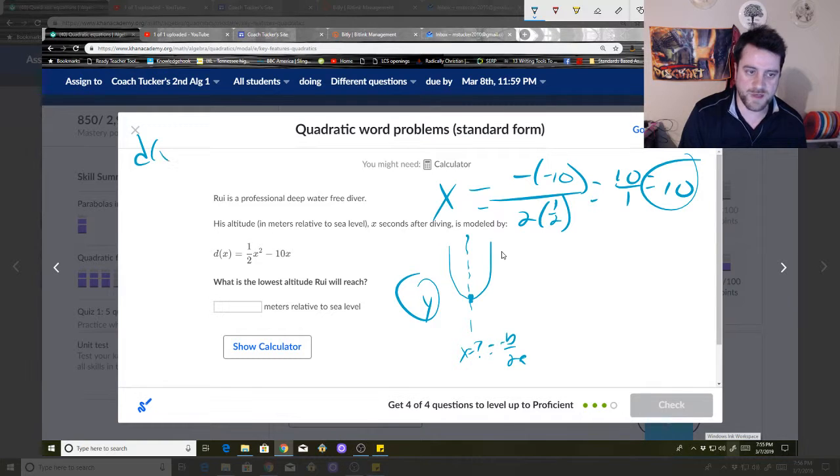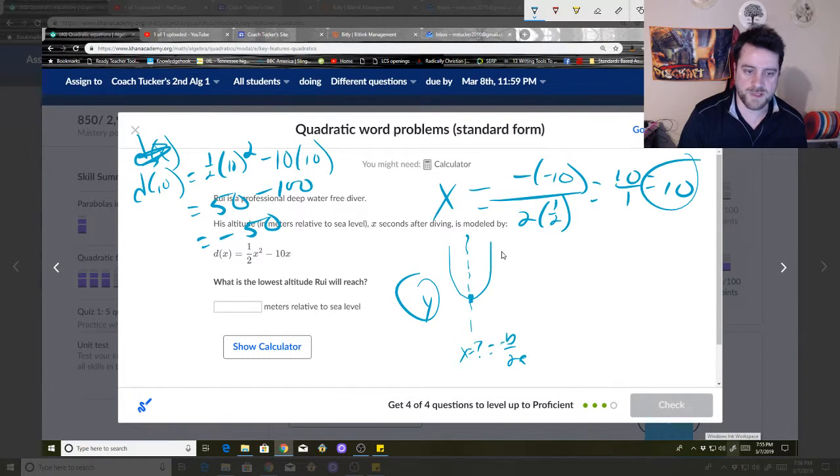So d of x, or in this case, d of 10, is equal to 1/2 times 10 squared minus 10 times 10. 10 squared is 100. Half of 100 is 50. Minus 10 times 10 is 100. 50 minus 100 is negative 50.